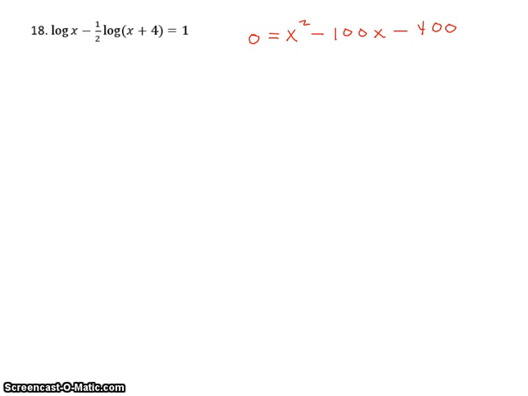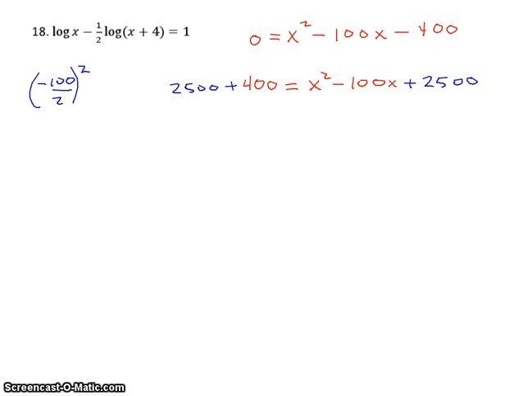So that means I'm going to start off by pulling the 400 on the other side. So we're going to have 400 equals, and then we're going to take half of 100 to the power 2, add that value to both sides. Okay, so now after we've taken half of 100 to the power 2 and added that 2500 to both sides, now on the right side over here we have what's called a perfect square trinomial.